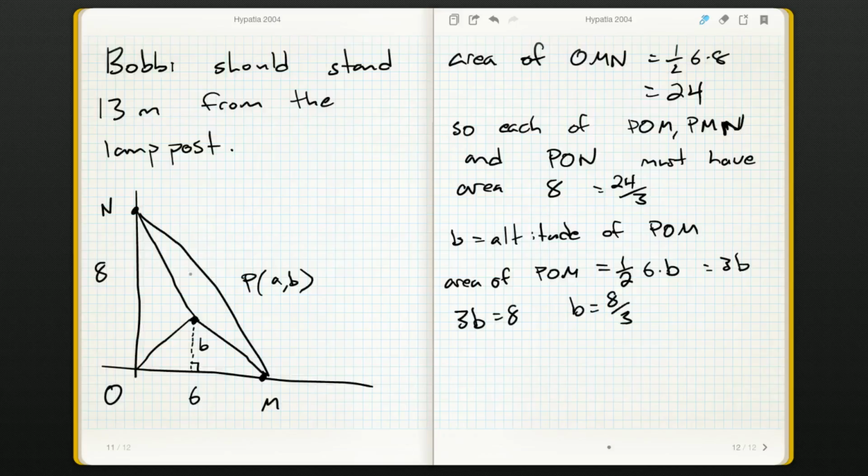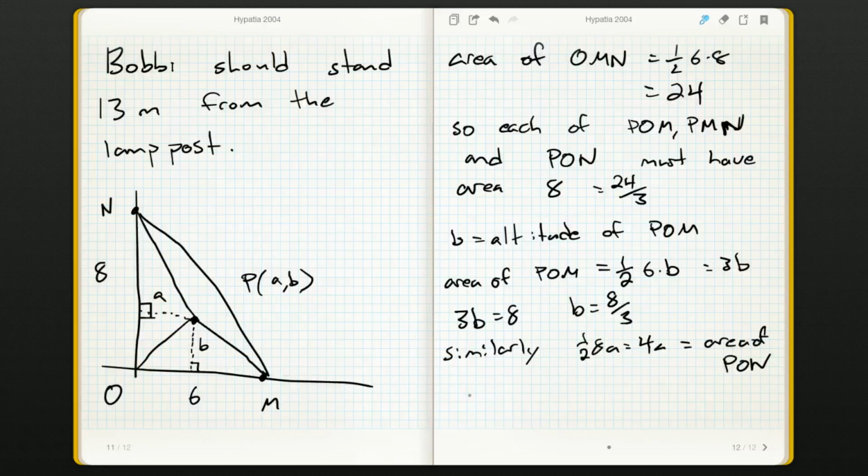We can do the exact same thing with a. The x-coordinate is just this distance, and it juts out perpendicularly. So similarly, 1/2 times 8a, which is really 4a, is the area of PON.